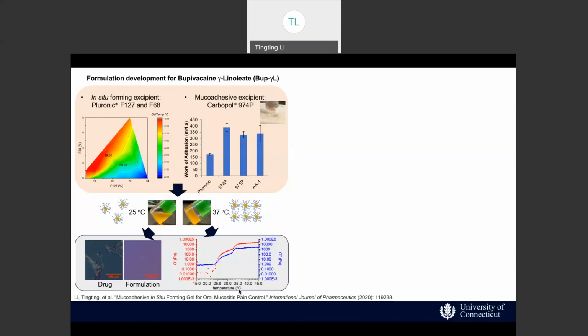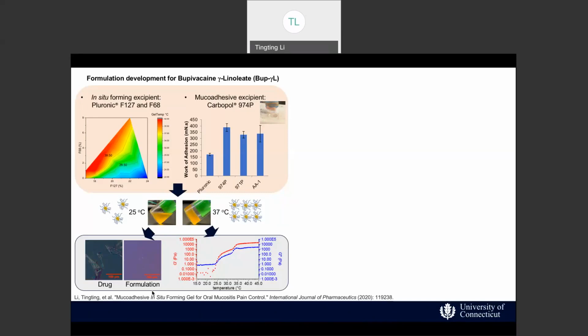The absolute values of both the storage modulus and the loss modulus together indicate the overall mechanical strength of a formulation. As we can see, both the storage modulus and the loss modulus increased when temperature goes up, indicating the formulation gets thicker and thicker along temperature.